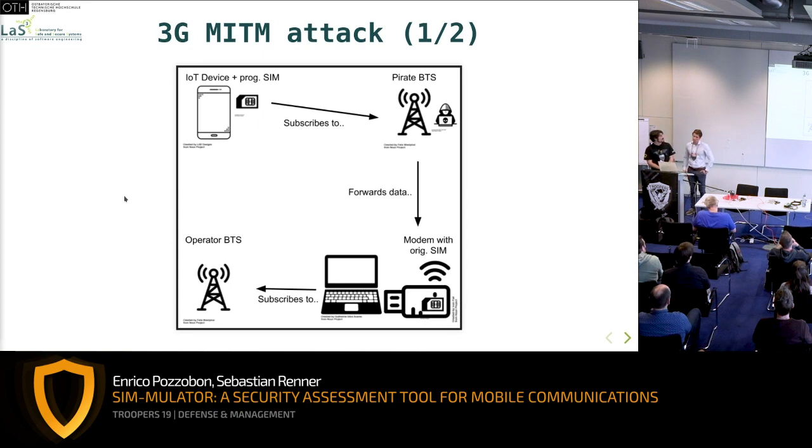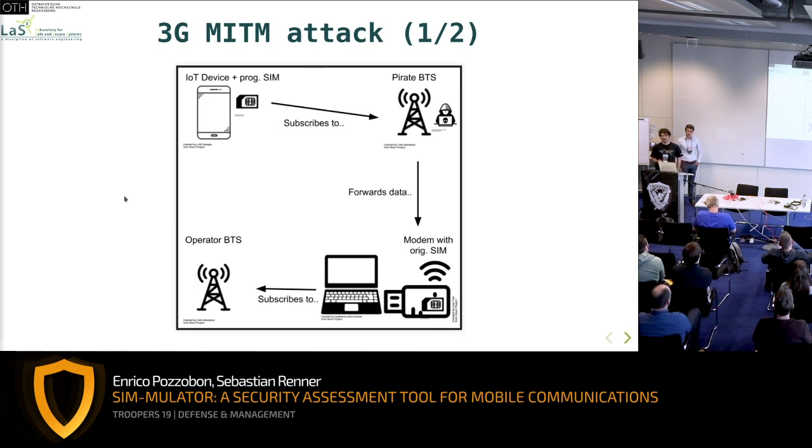Okay, so normally the easiest way to get a 3G man-in-the-middle is to get a programmable SIM card, for example, from Sysmocom. You can plug this SIM card into your device. You program it with your own key, so it will only be able to authenticate to your own pirate BTS.